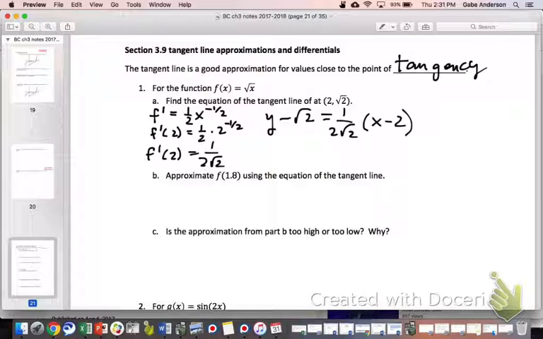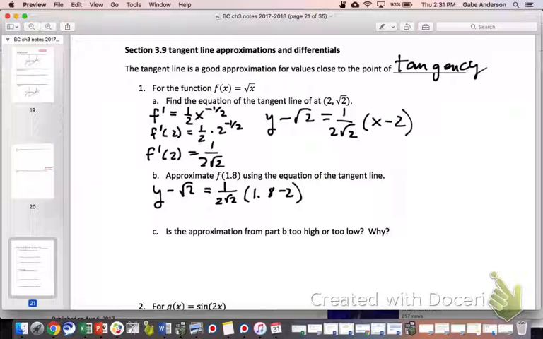Part B, so then using that to approximate the curve, what we would do is take that 1.8 and plug it in for x. So still haven't had to touch the calculator yet. I don't know if we have to, unless we want to get a good approximation. So let's see here, 1.8 minus 2. Let's plug in that 1.8 for x.